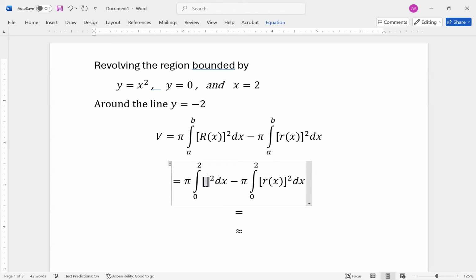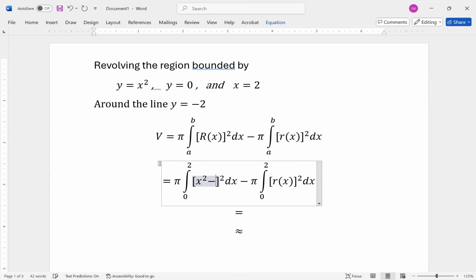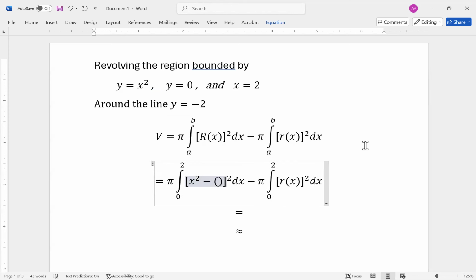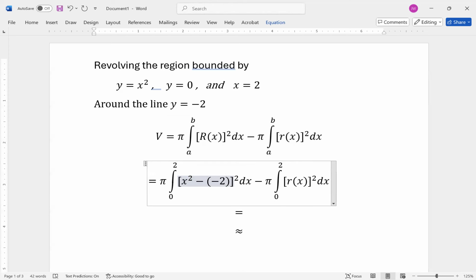Now, the larger radius, like I said, goes from x squared at the top, that is y equals x squared, down to the line we're rotating around. Now, the line I'm rotating around is y equals -2. So it's x squared minus a -2. If you want to call that +2, that's fine as well.